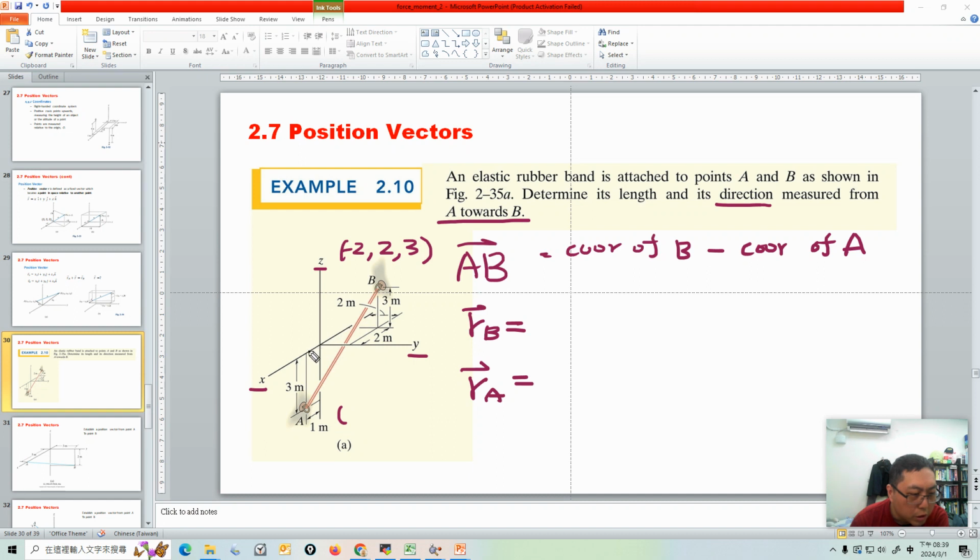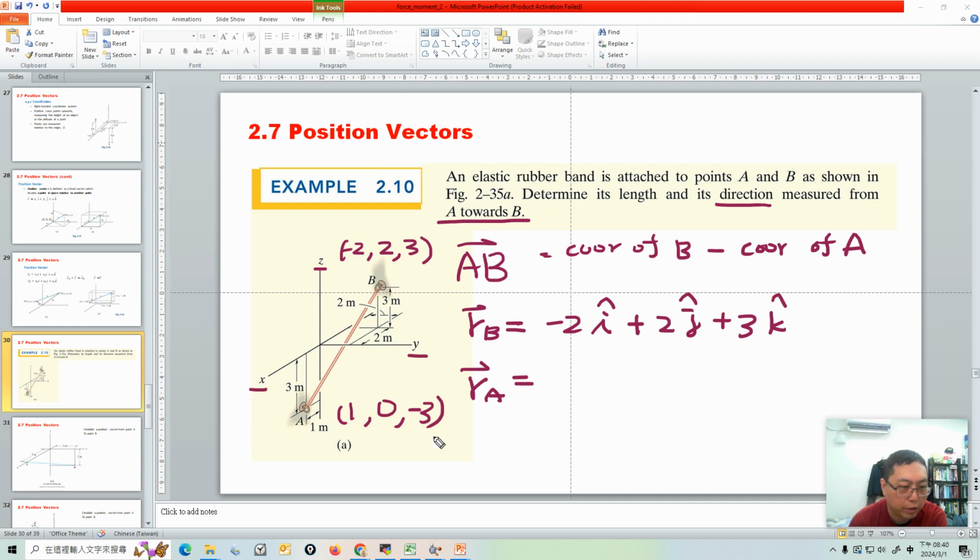For A, X is 1, and Z is -3. So we have the coordinate of A and B. What's the position vector of B? Very easy, right? It's -2I plus 2J plus 3K. What's the position vector of A?